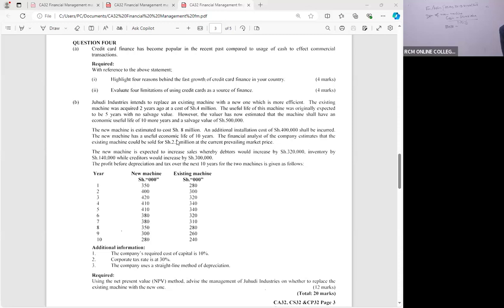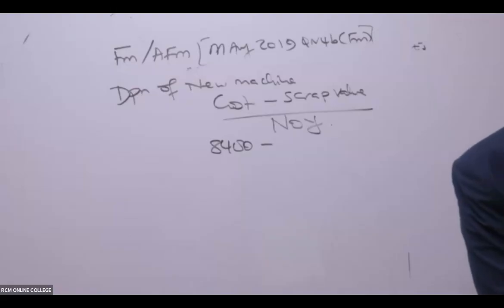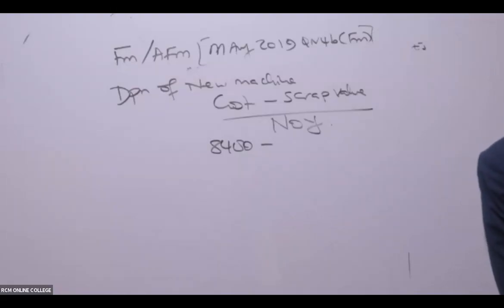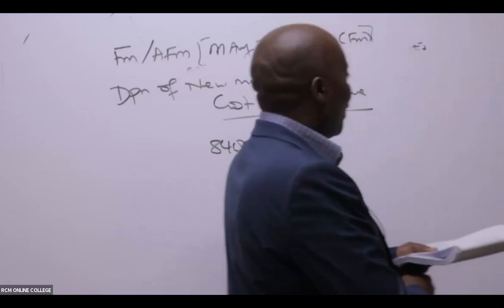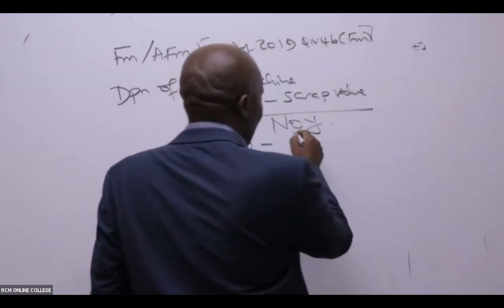Please don't take this 2,500 to be the scrap value of the new machine. They have told us that this is the selling price of the existing machine. They are not related. So the residual value or scrap value of the new machine will be 0.